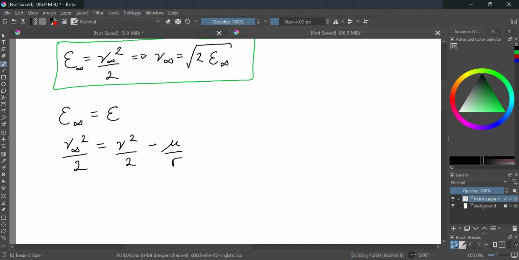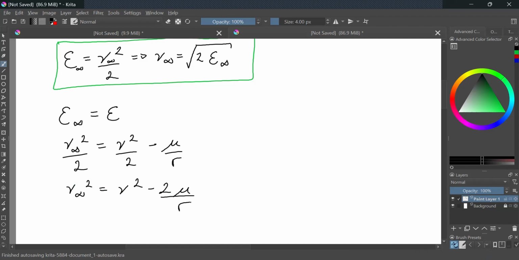I'm starting to see something come together from this. Let's get one step closer to solving for v infinity. So if we multiply both sides by 2, and mu over r. And yes, this is looking good. I see our hyperbolic excess speed. I see a total velocity, and that's ringing some bells for me.